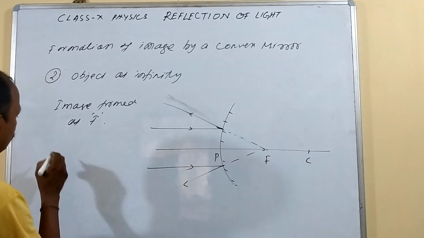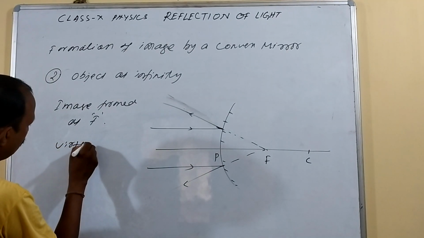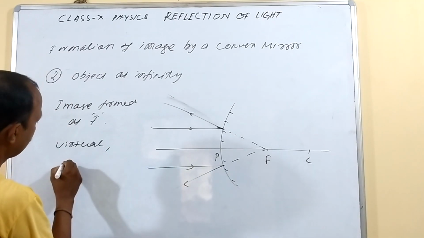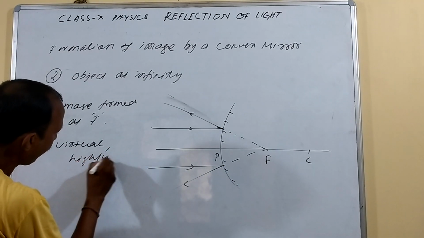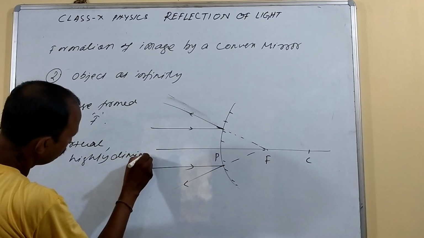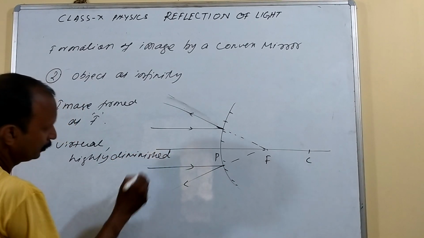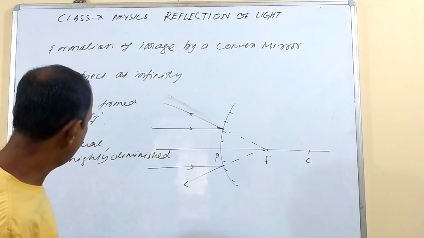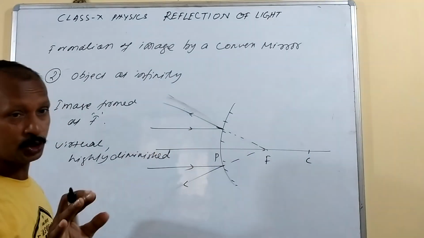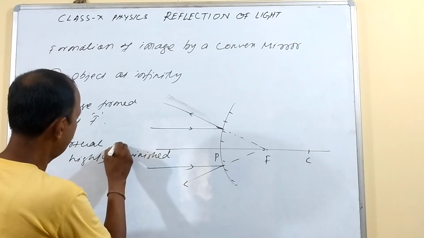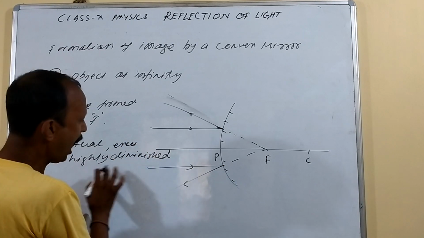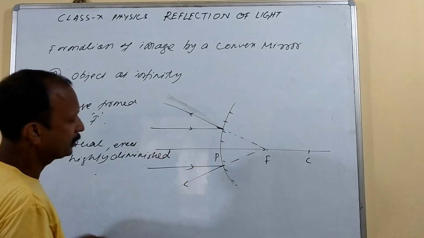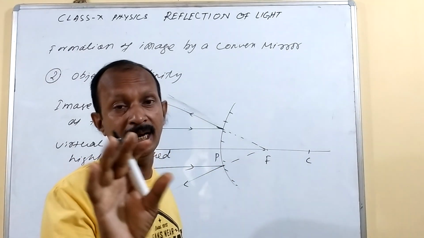Which type of image? Virtual, highly diminished. You can say erect because every virtual image is erect. Virtual, erect, highly diminished. In this case, it is like a point image.